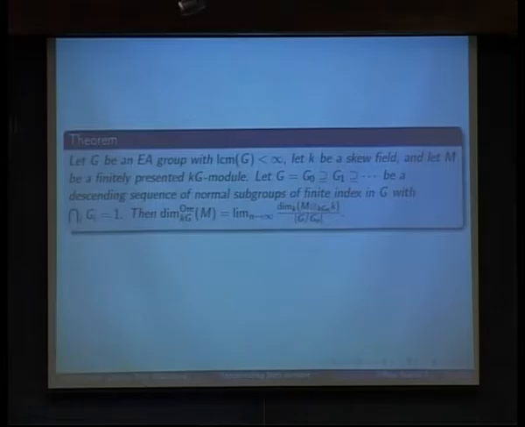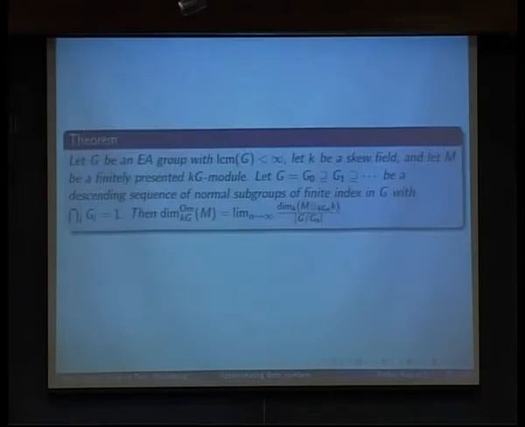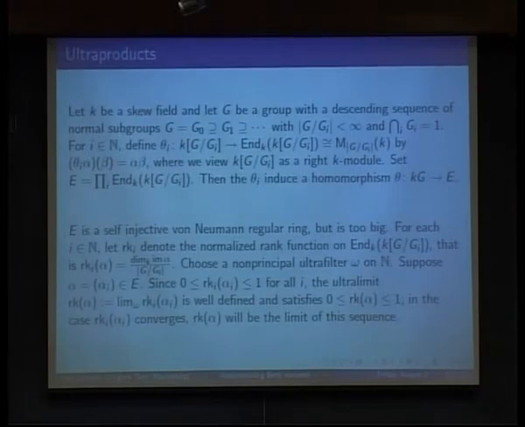Supposing you have a descending sequence of normal subgroups of finite index of G intersecting in the identity, then the Auray dimension of M you can get by taking the limit as n tends to infinity of the dimensions of these quotients of M, modding out by the action of G_n.